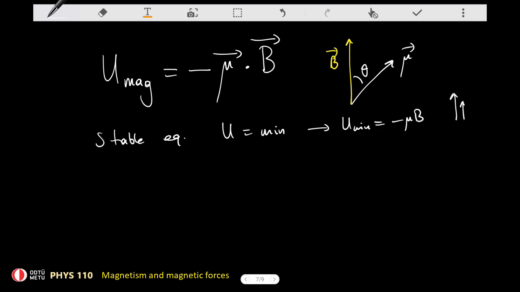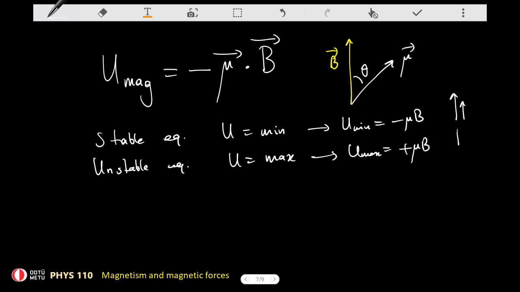So when these two vectors are parallel, we get the minimum energy because of this negative sign in front. And we have unstable equilibrium when the potential energy is maximum. In that case, the maximum value is equal to mu times B. This happens when these two vectors are anti-parallel to each other.